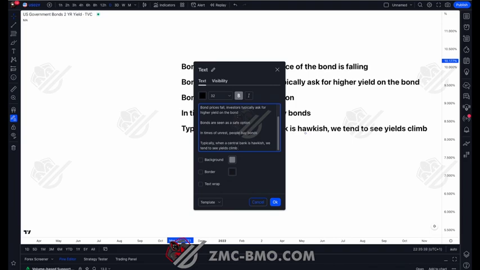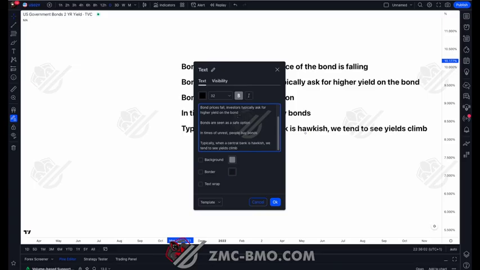And of course, the reason for that is because the yields on existing bonds issued by the government are becoming less attractive, because investors are able to earn higher yields on newly issued bonds. So as bonds are being issued, investors are demanding more yield because it becomes riskier to own.